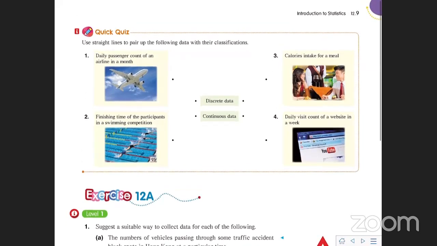Now, I think you can, in your book, try to do this one. Use a straight line to pair up the following data with their classification. First of all, you have to look at each one and identify what data you will collect in that case. This should be page 9, right?